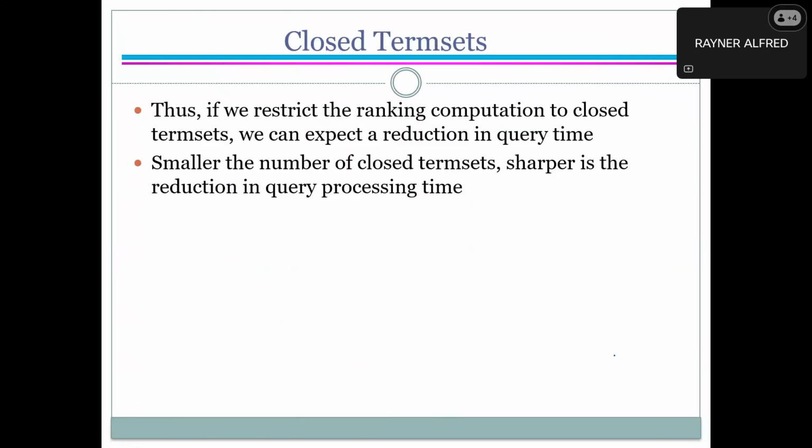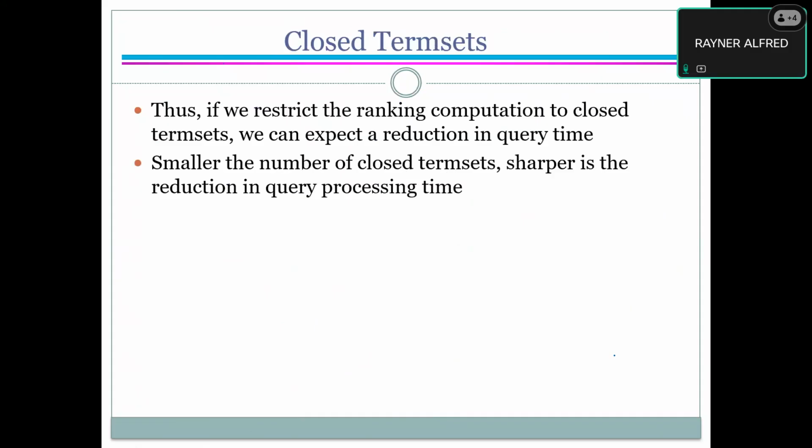So basically the foundation for this one is going back to the TF-IDF. It says that instead of using index only, you use term set in order to consider for your ranking.